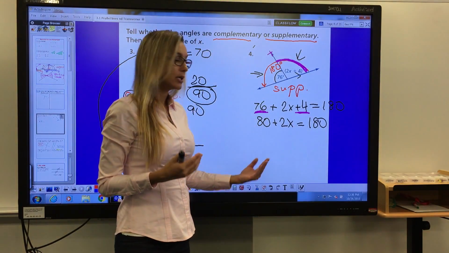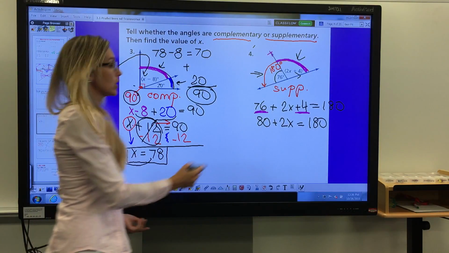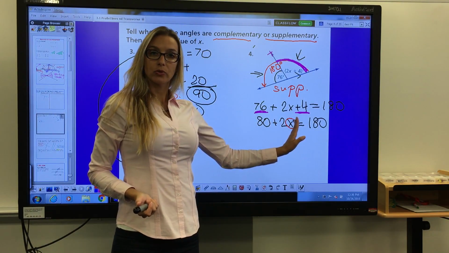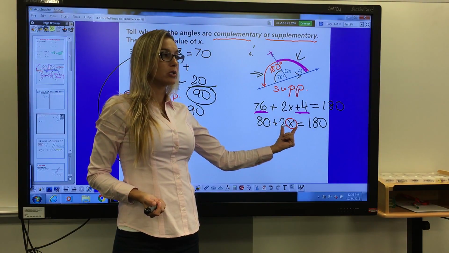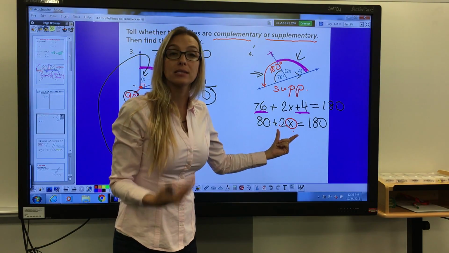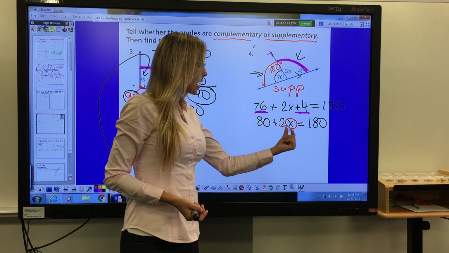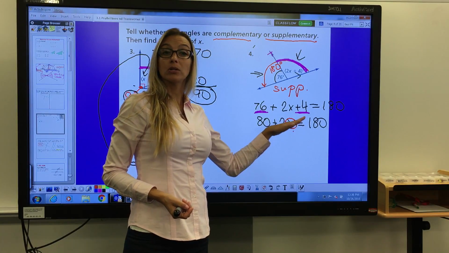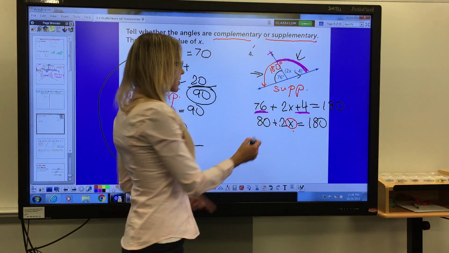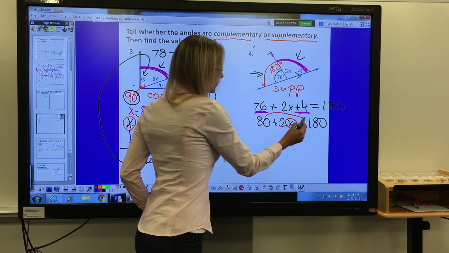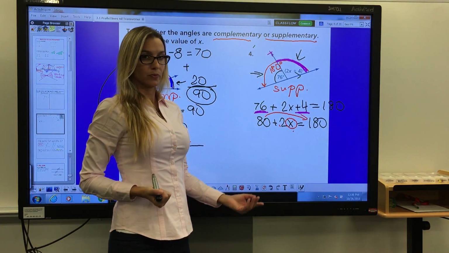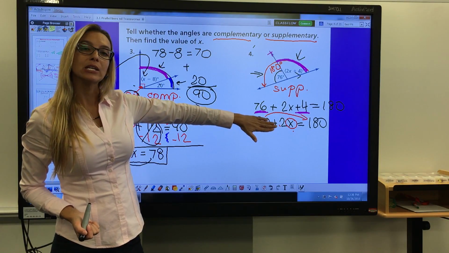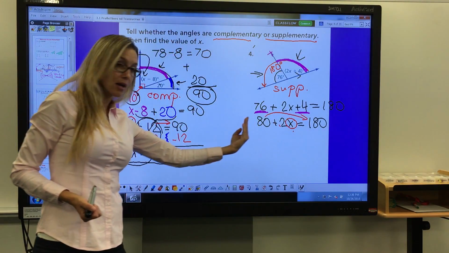My next step is to isolate my variable. So I'm going to put the x in a bubble. And if you remember equations, we've talked about that multiplication and division is the last thing I will undo. So I will not get rid of that 2 yet because the 2 is multiplying the x. That's a multiplication. That means get rid of the 80. The 80 is positive, and I want the positive 80 to be gone from the left side, right?